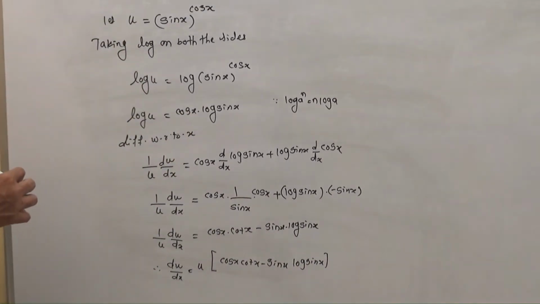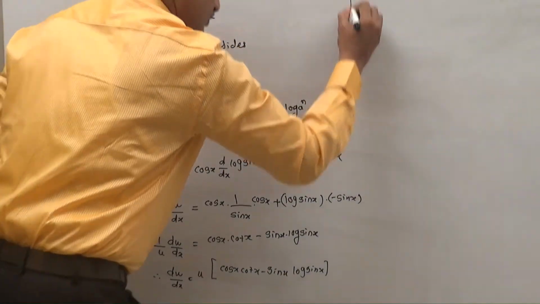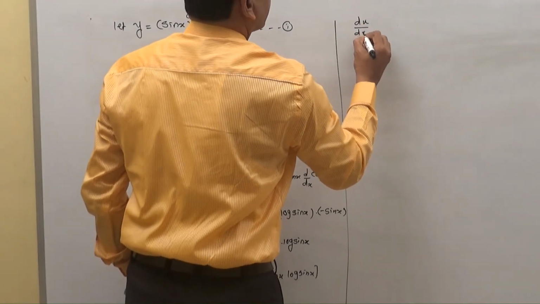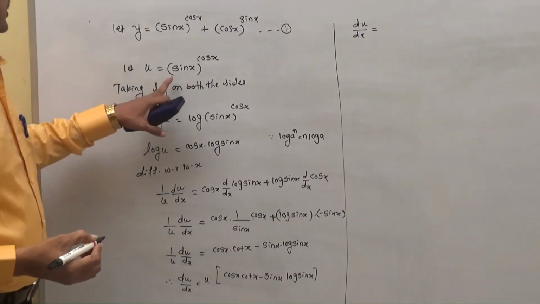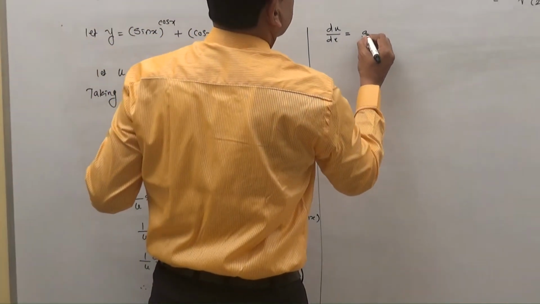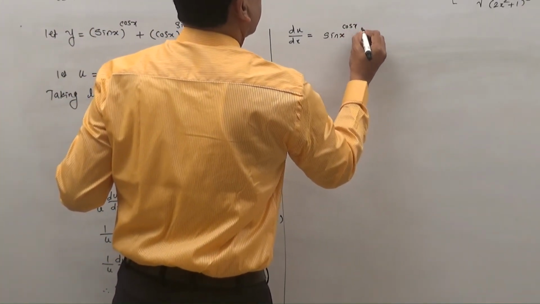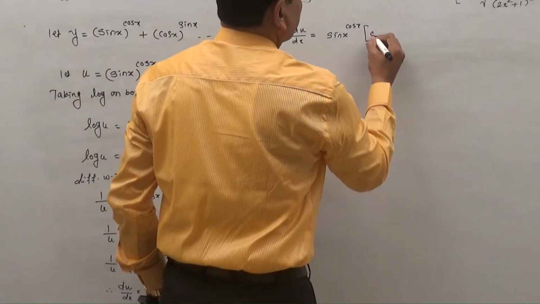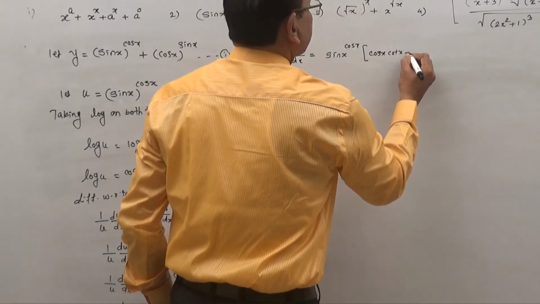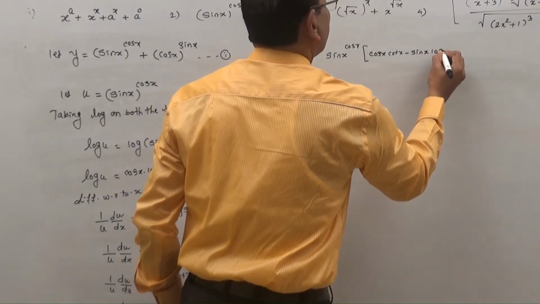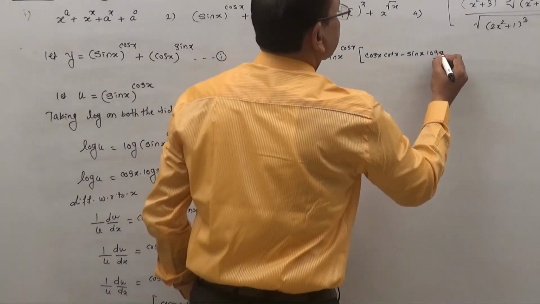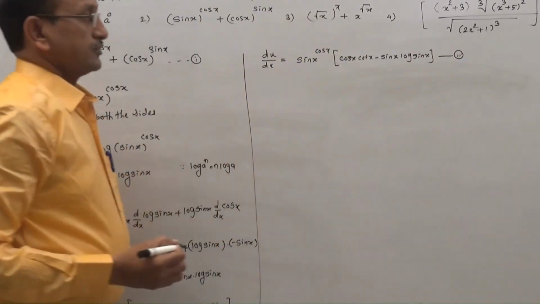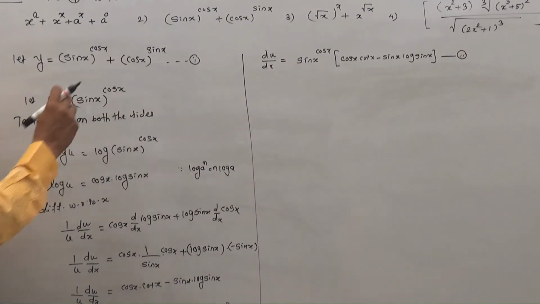And then substitute the value of u here. Then du by dx is equal to sin x raised to power cos x into bracket cos x into cot x minus sin x into log of sin x. Give number 2 here.